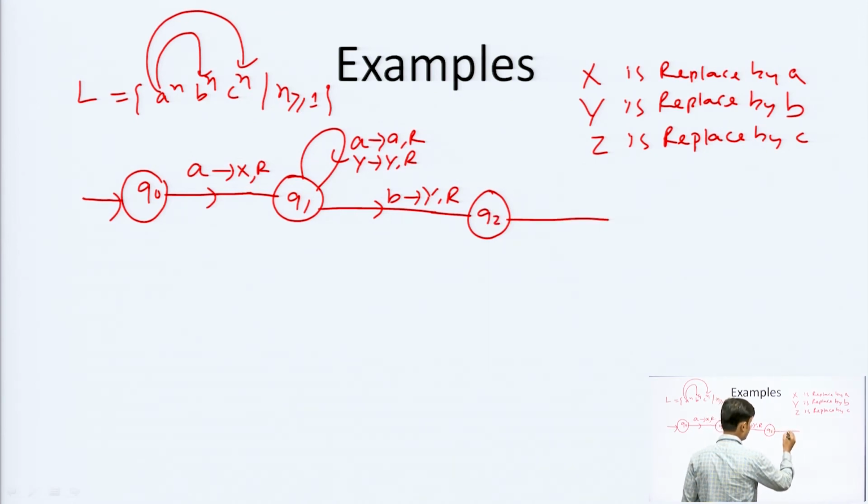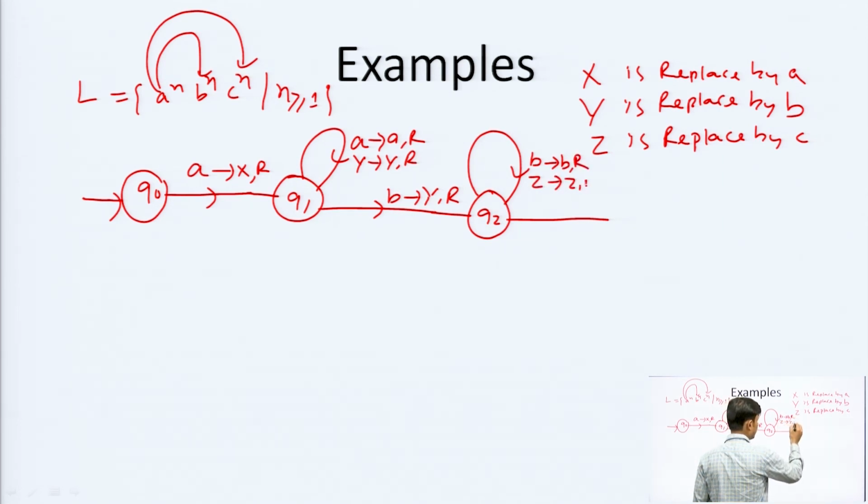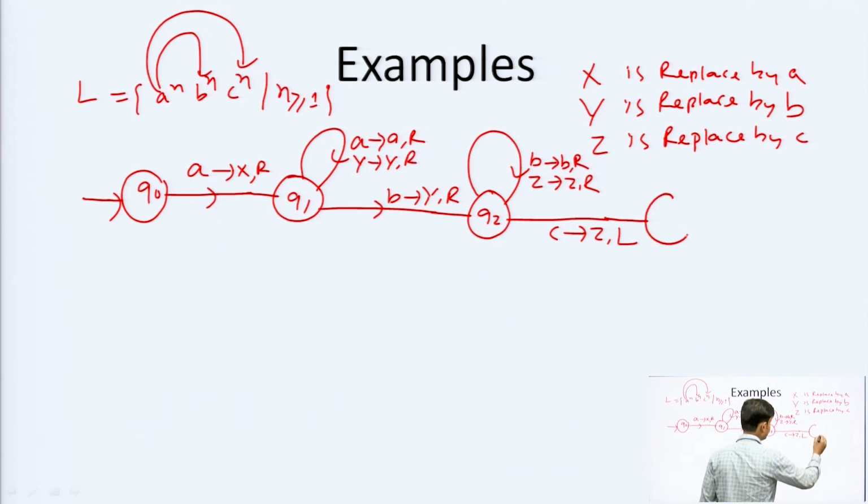When z comes, you have b to b R and z to z R, and c to z L, and this is q3.